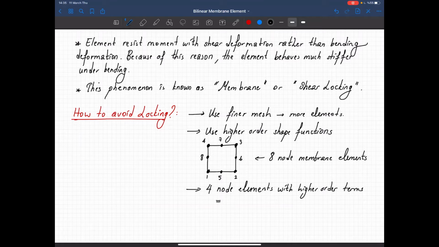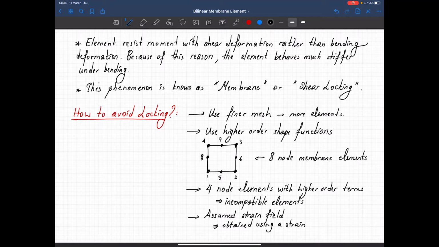This type of element is called an incompatible element. If you examine the literature, you will see that there are papers, there are elements that use the assumed strain field approach. Basically, in this approach the strain field is obtained using a definition.